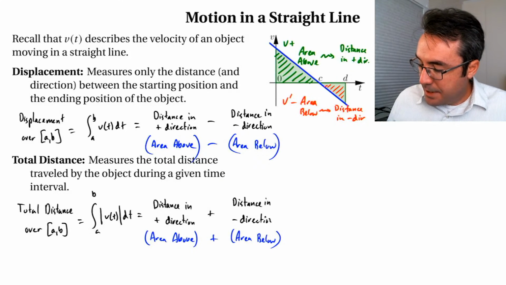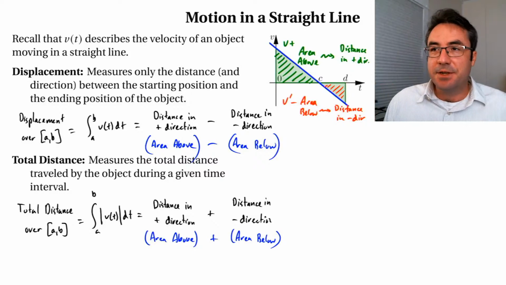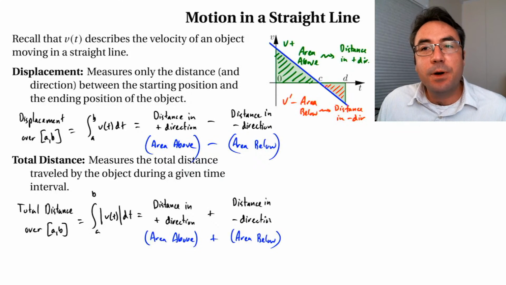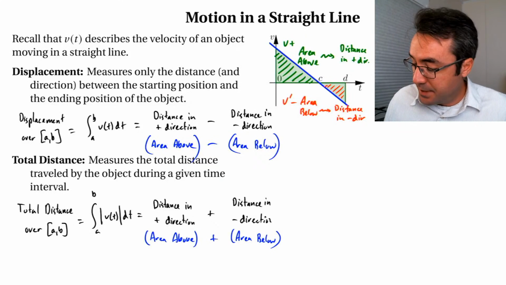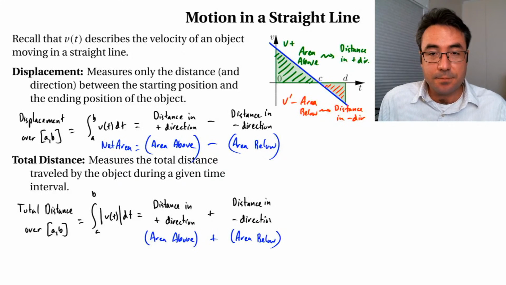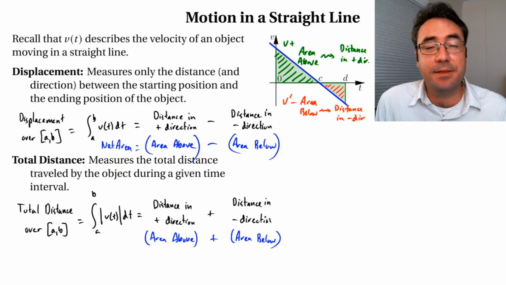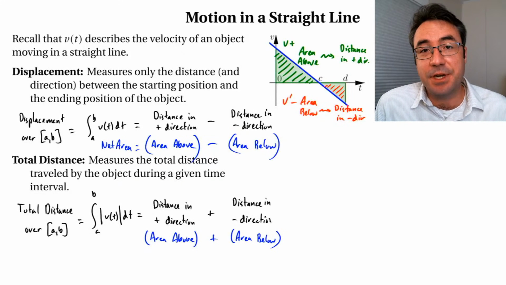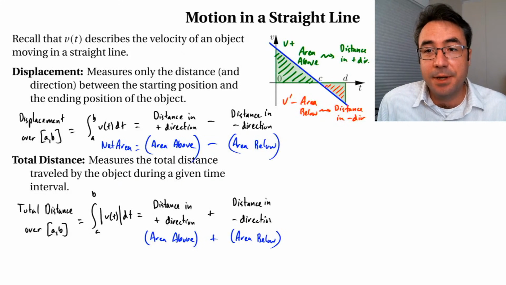And so, as someone pointed out, nice observation. Really what we're calculating here with displacement is the net area. This is what we looked at back in the last section. We defined net area, which was just the area above minus the area below.